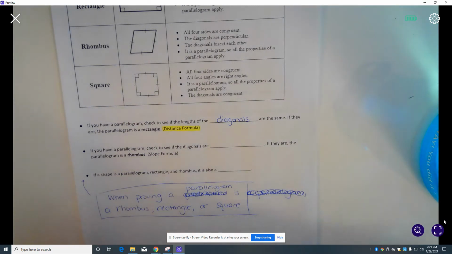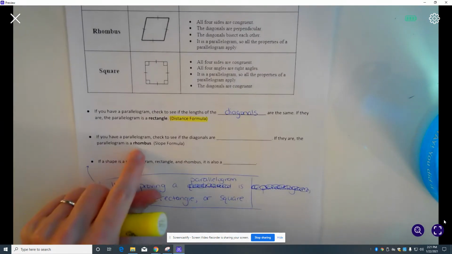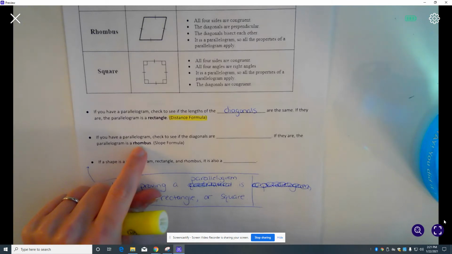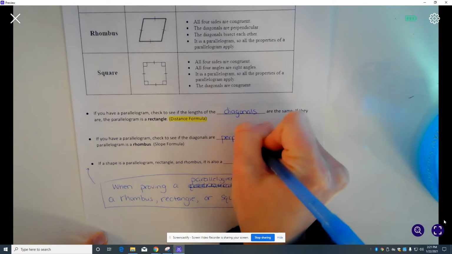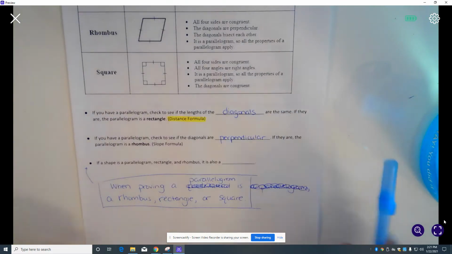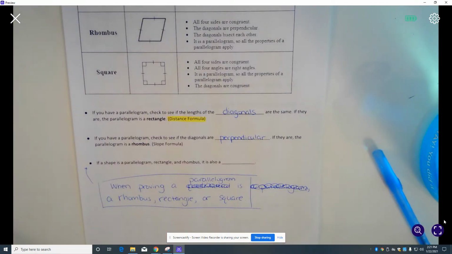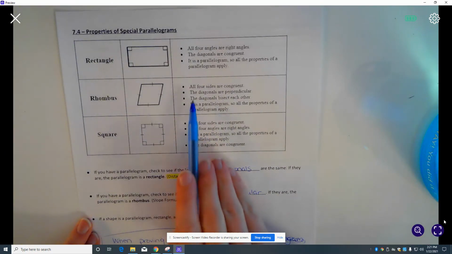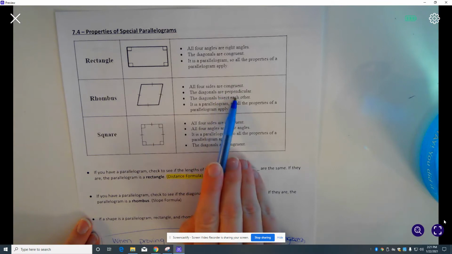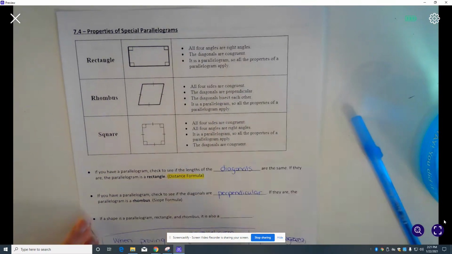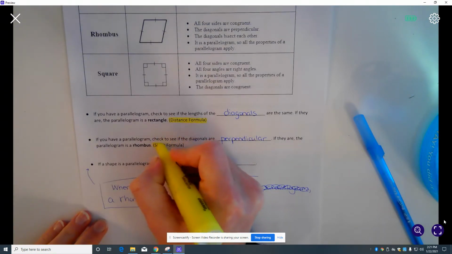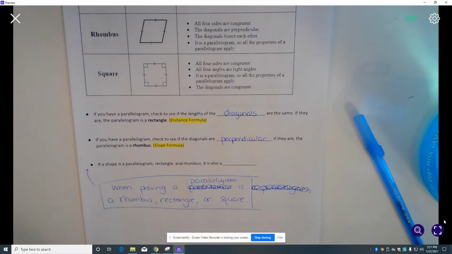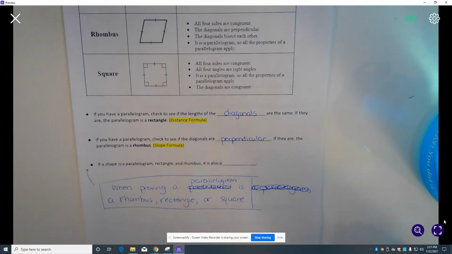In order to prove a parallelogram is a rhombus, we are going to check to see if the diagonals are perpendicular. If they are, then the parallelogram is a rhombus. That goes along with the property that the diagonals are perpendicular for a rhombus. When this is on a graph and we're given some points, we're going to be using the slope formula to determine if the diagonals are perpendicular.